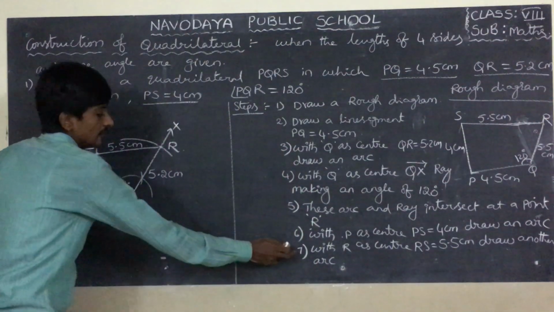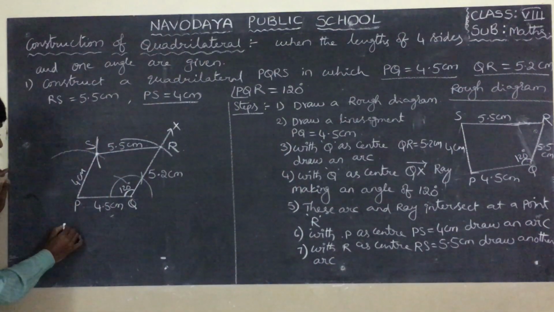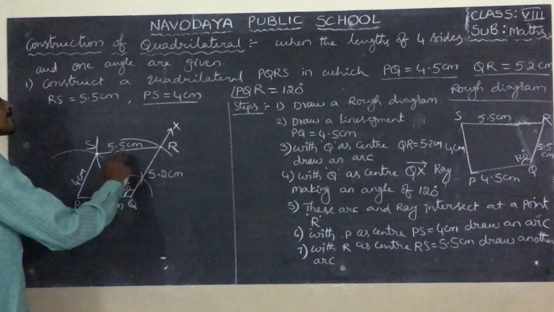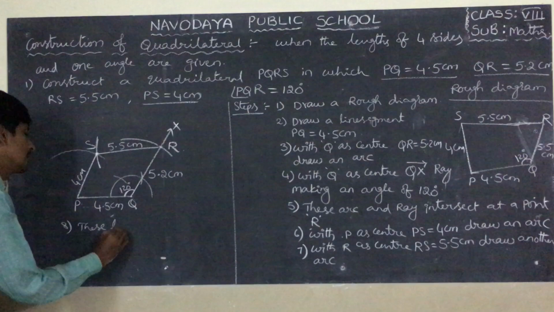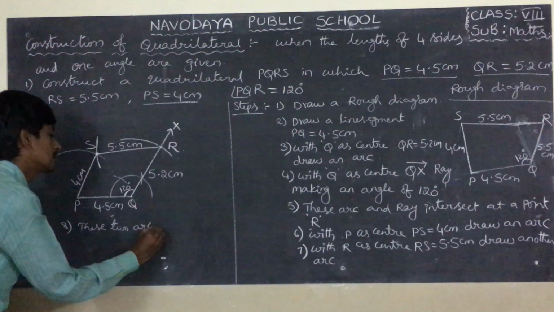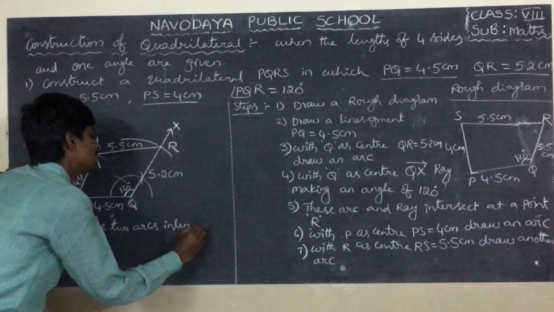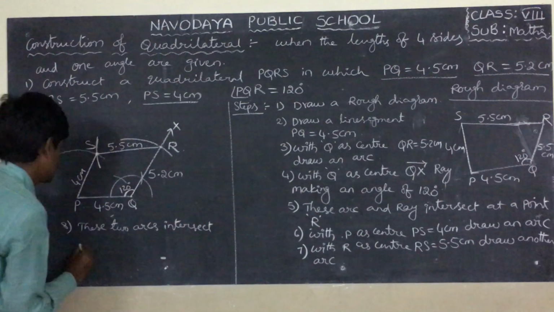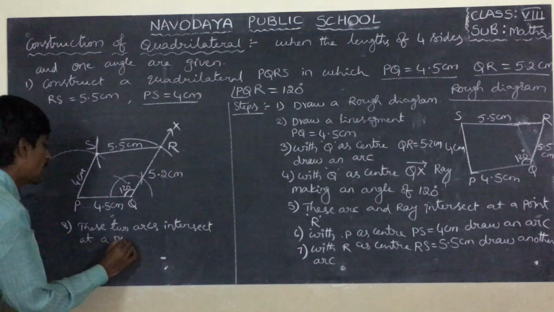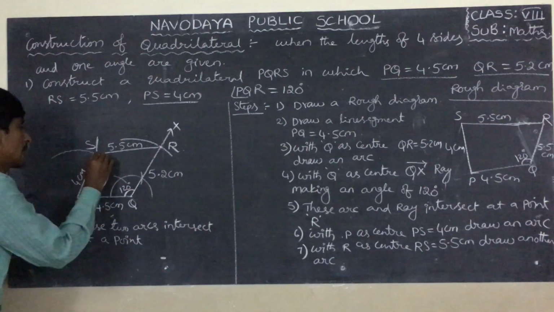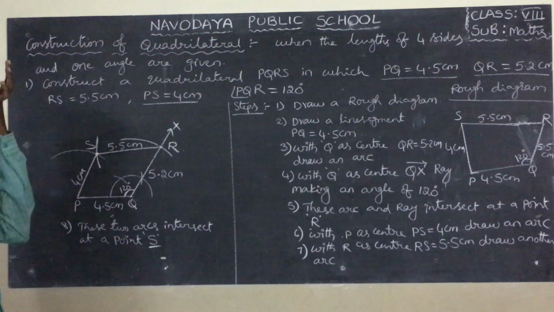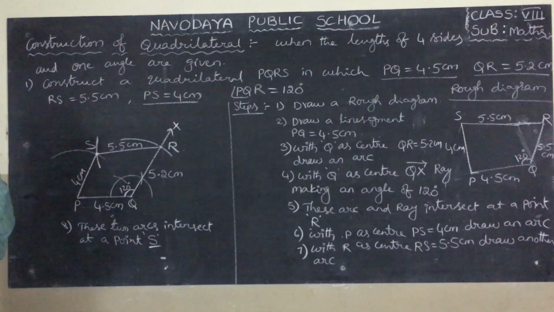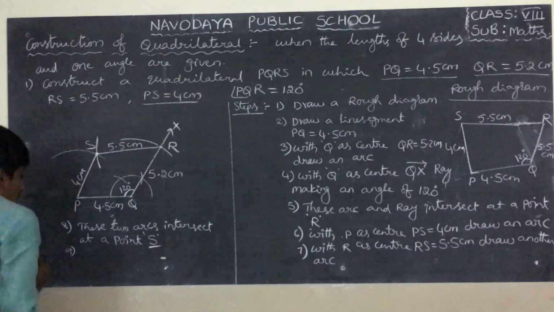Seventh one. Next, eighth one. Right here, these two arcs intersect at a point named S. Ninth one.